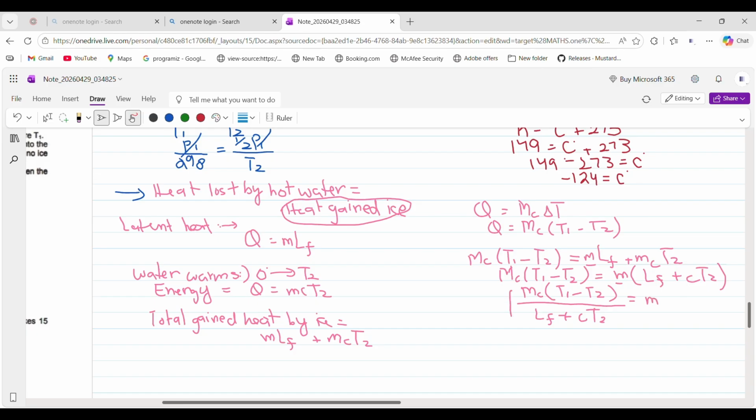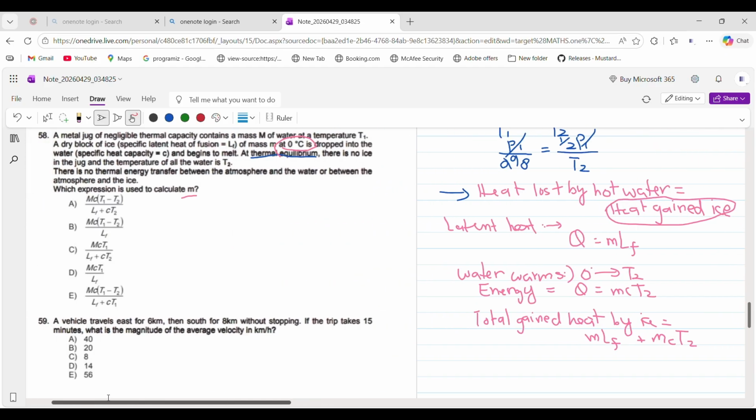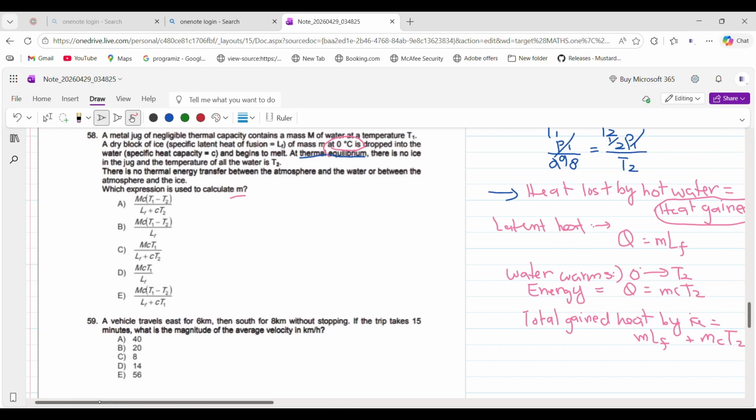This is the formula that we'll be using for calculating the mass of the ice. So m c (T1 minus T2) upon (Lf plus c T2). Yes, A is the correct answer. I hope this question is clear to you as well. This is not difficult at all.